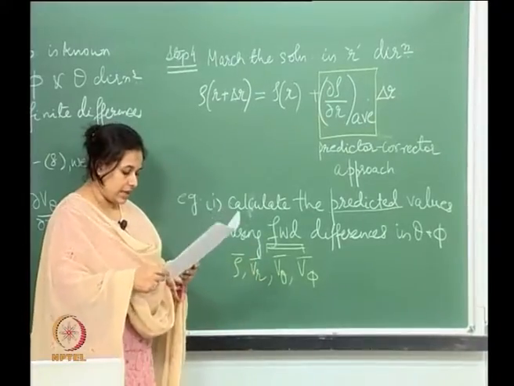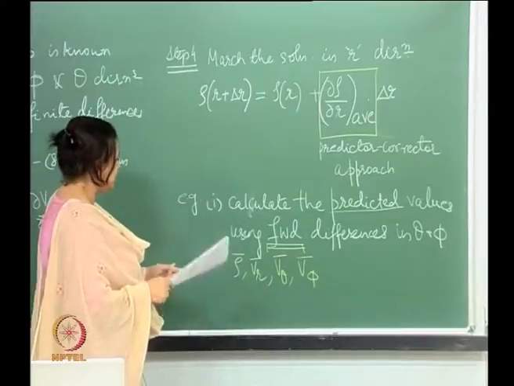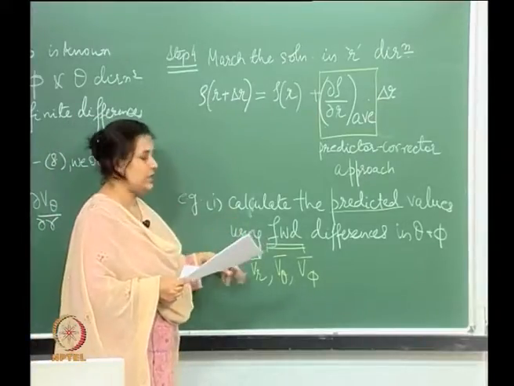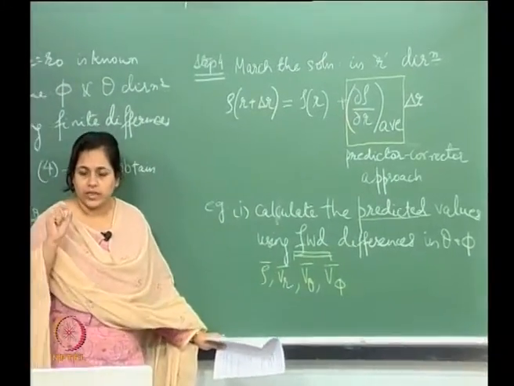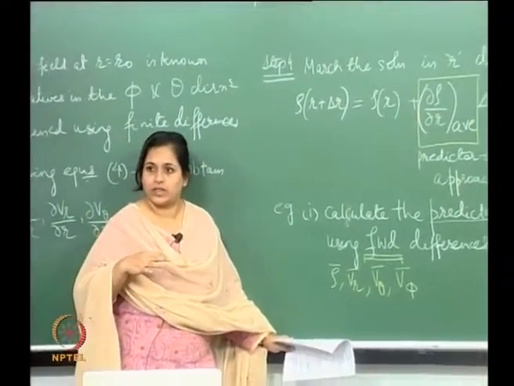Okay. And again, now using these differences, we calculate the corrected values. We use corrected values using backward differences in theta and phi.